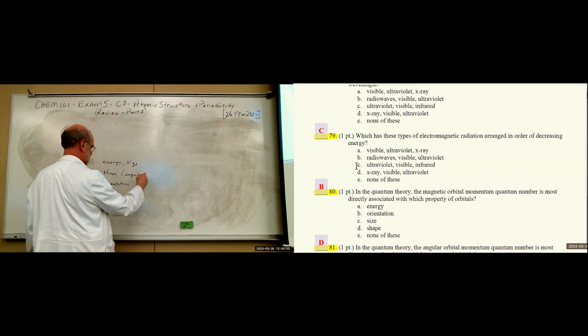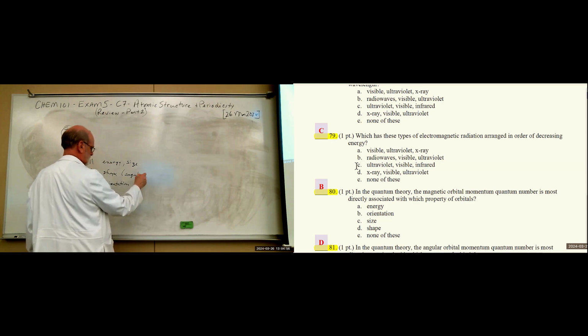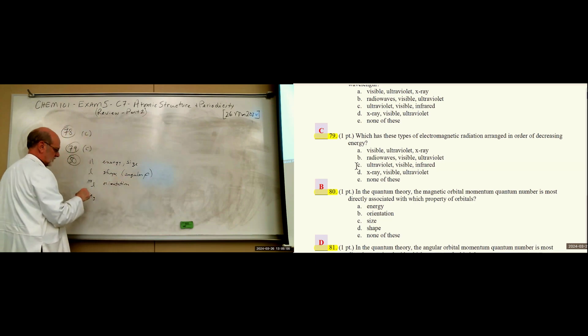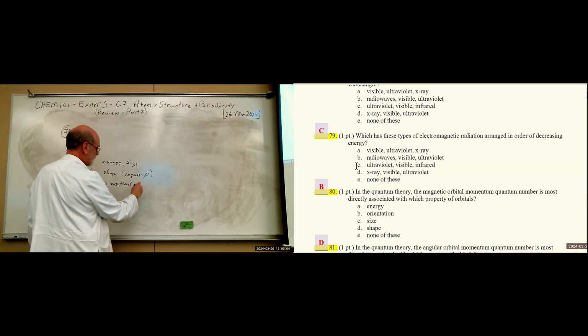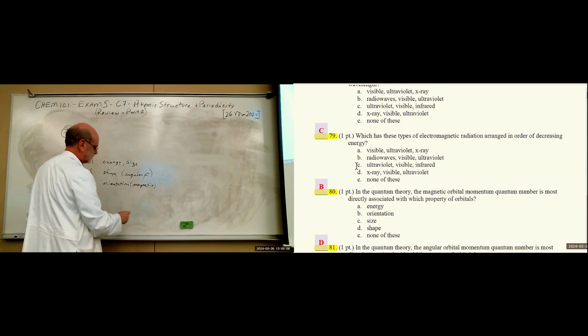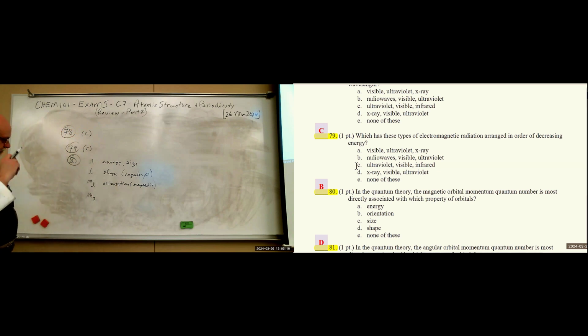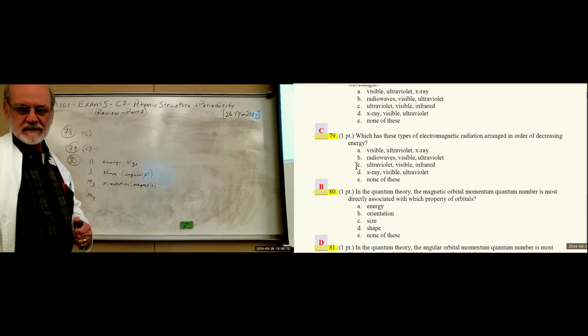The symbol for this in physics is that angular momentum. That's the Greek letter rho. And then this one is magnetic. The magnetic is orientation. So that would be B in this case.